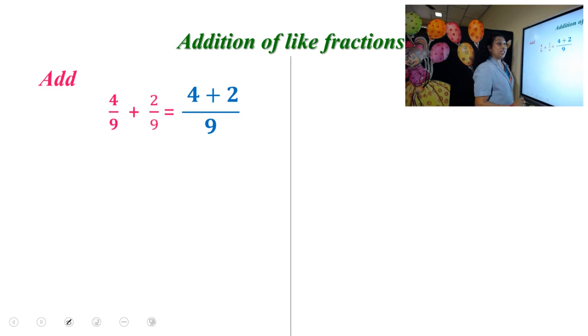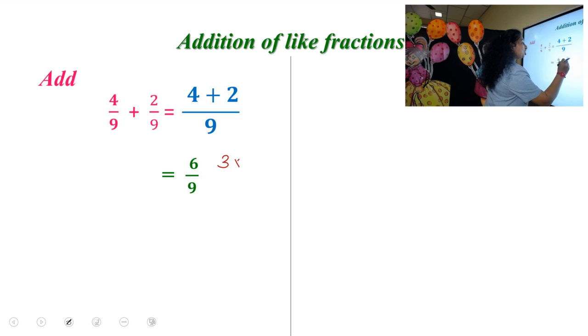What is 4 plus 2? It is 6 by 9. Again, we know 6 and 9 are multiples of 3. Here we apply divisibility. So it is 3 into 2 by 3 into 3. Here 3 is common in both the numerator and denominator. So 3 by 3, that is 1.